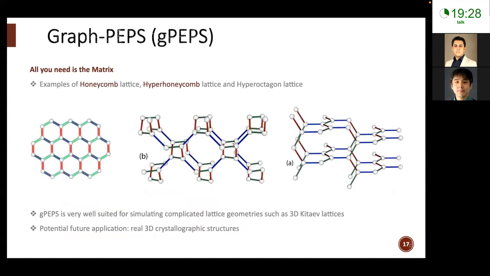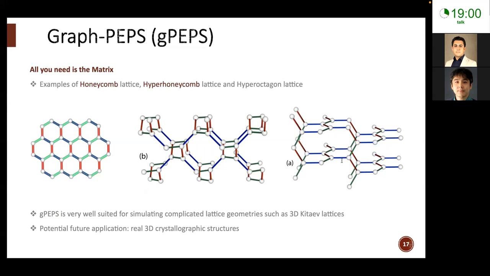These are also other examples of complicated structures. These are the Kitaev lattices: in 2D, this is the honeycomb lattice, an example of a Kitaev model on the honeycomb lattice. This is the hyperoctagon, this is the hyperhoneycomb lattice, and these are very interesting structures, since the Kitaev model on all of these lattices provides examples of spin liquids both in 2D and 3D.